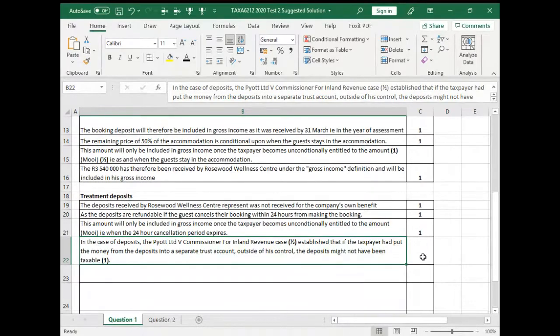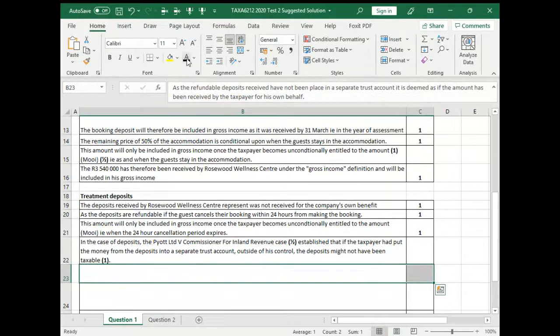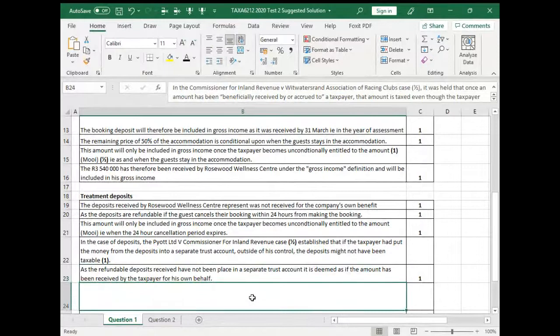So once that money hits your business account, you have actually physically received it, irrespective of the fact that you might potentially have to pay it back. As the refundable deposits have not been placed in a separate trust account, it is deemed as if the amount has been received by the taxpayer on its own behalf. So you have to include that information to say, because they don't have a trust account, it is deemed as if they've already received it.